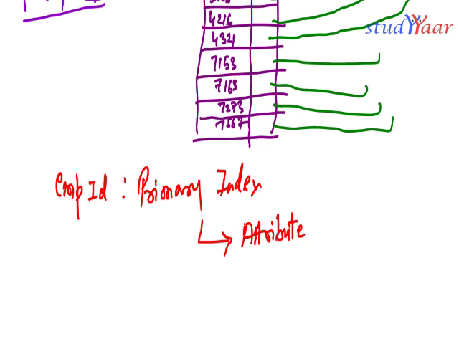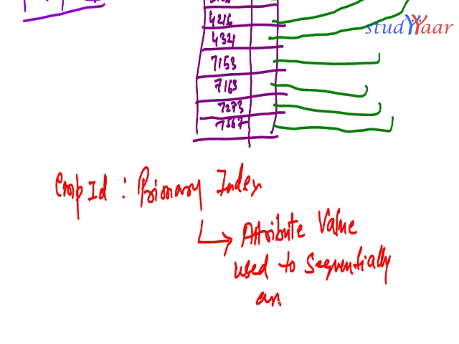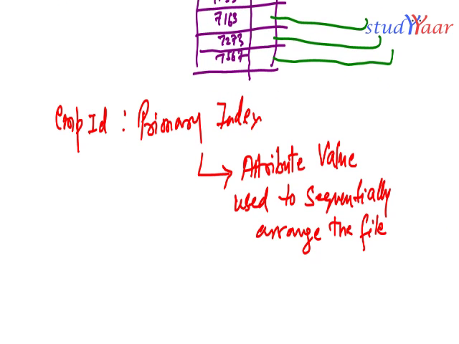Primary index is an index which is based on an attribute value used to sequentially arrange the file. Okay. So this is my primary index.